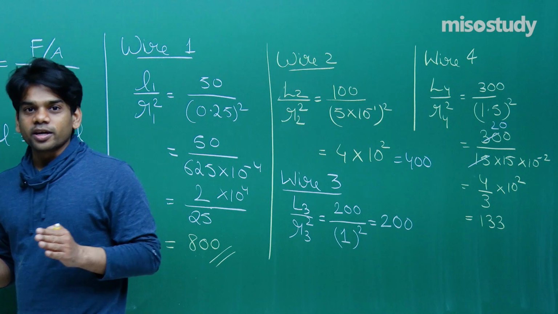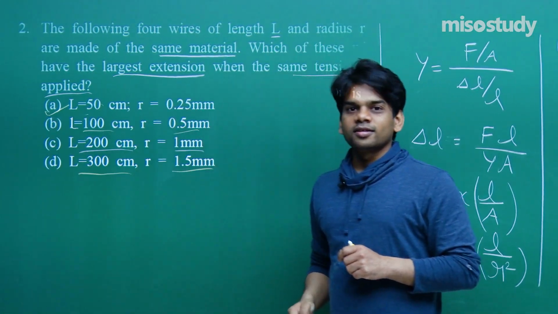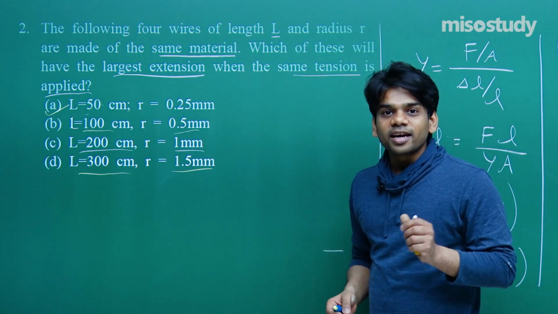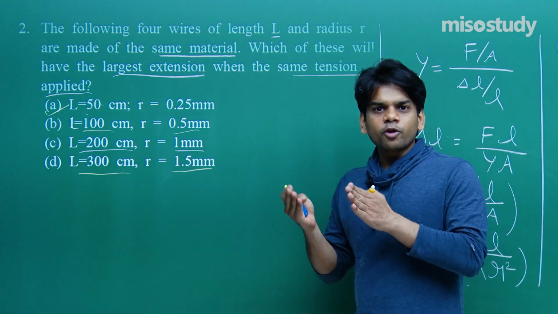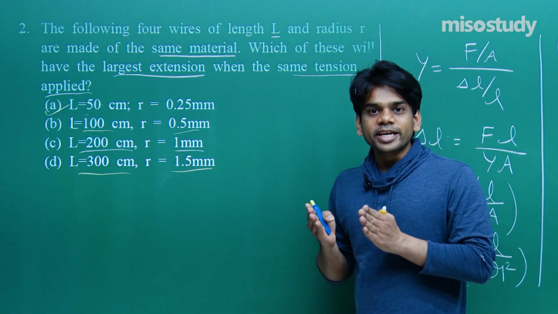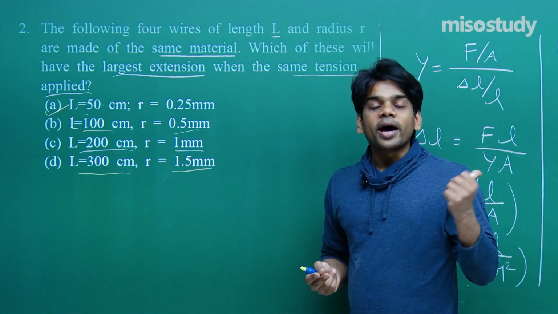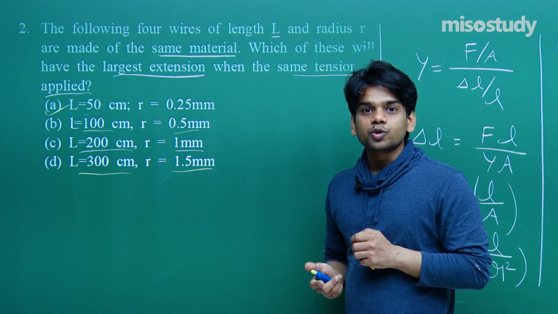Now quickly see the question. Option A, when you have maximum, this is the right answer, the extension in wire 1 will be maximum. So for such questions, for each of the given dimensions, you have to check individually which one will have the maximum extension by going on with this method. I hope that you have understood how to solve this.